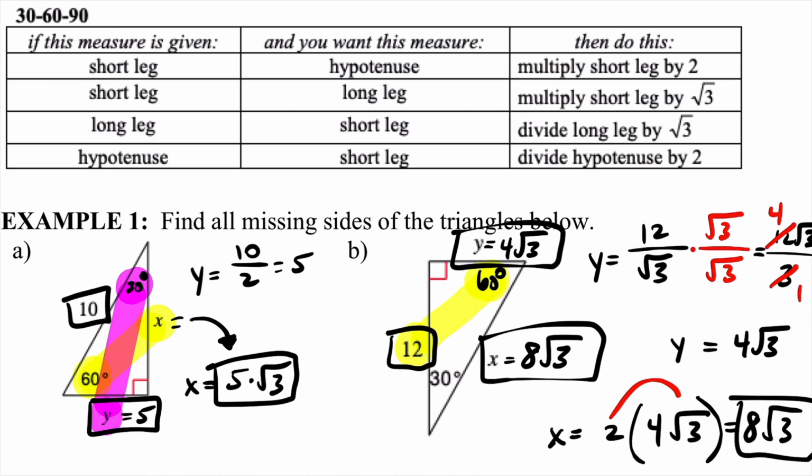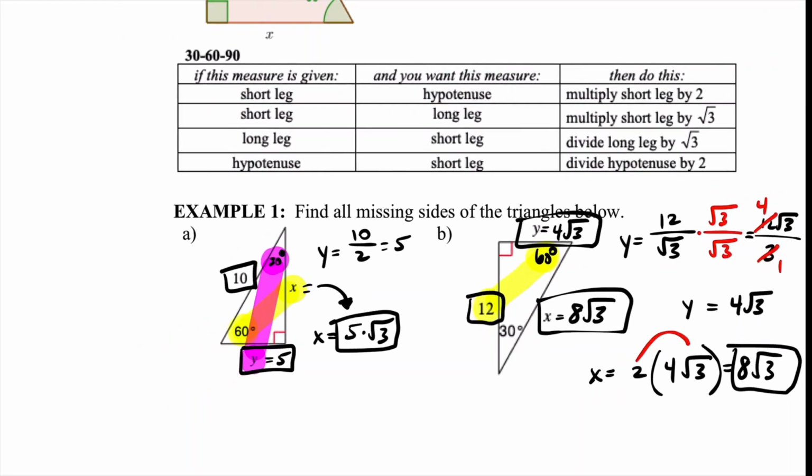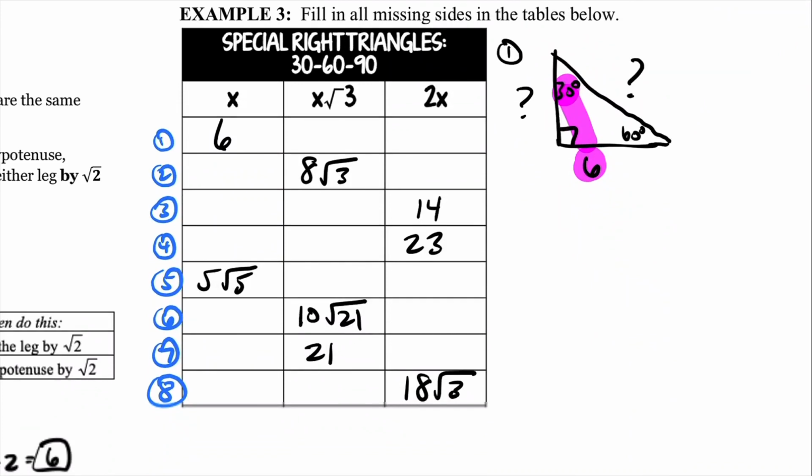If you're given a short leg and I want to find a hypotenuse, multiply the short leg by 2. Okay. So what's the hypotenuse going to be? 12.